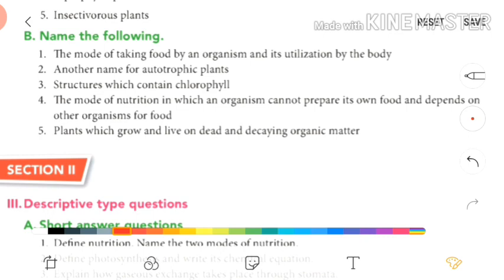So this is called heterotrophic nutrition. Fifth one, plants which grow and live on dead and decaying organic matter. This is called saprophytes.